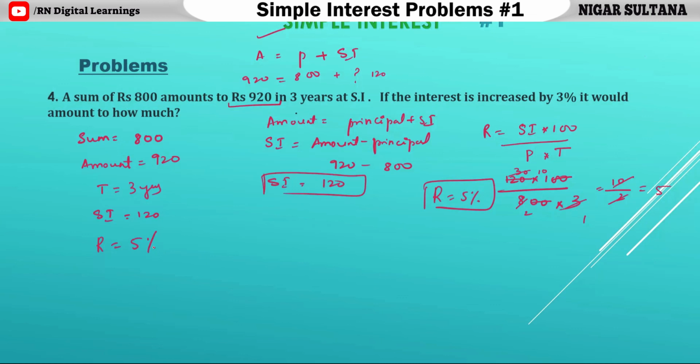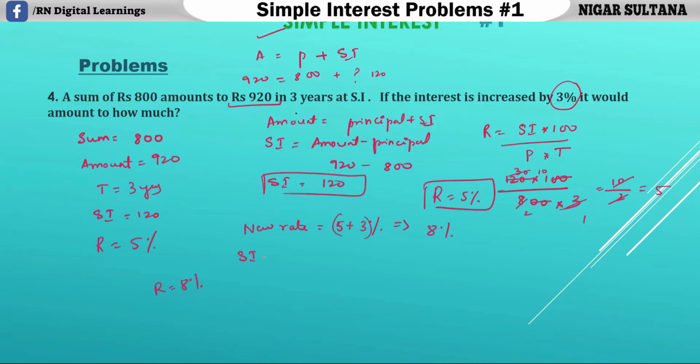Right? Now, they are asking us when the interest is increased by 3%. So during this time, when the amount was 920, the rate of interest was 5%. When it has been increased by 3%, the new rate is equal to 5 plus my added 3%. What is the value? It is 8%. Right? So the new rate is 8%.